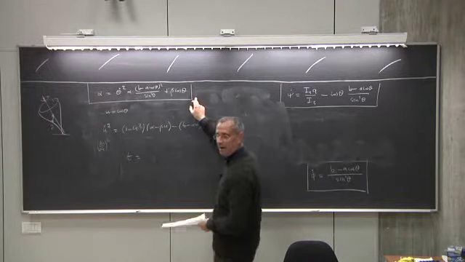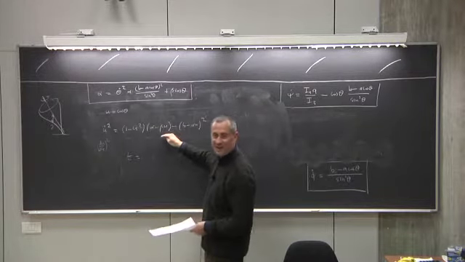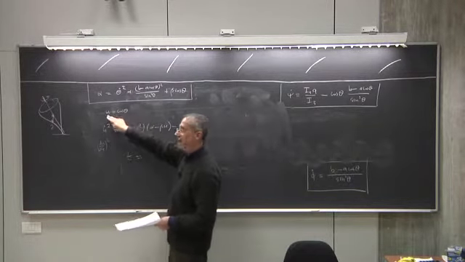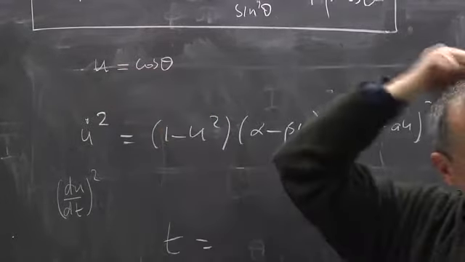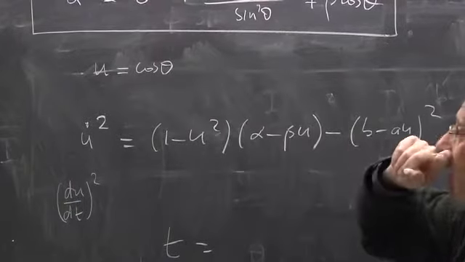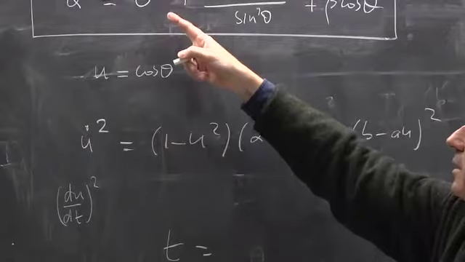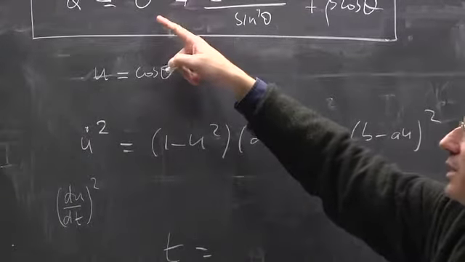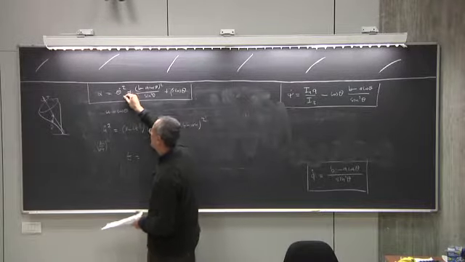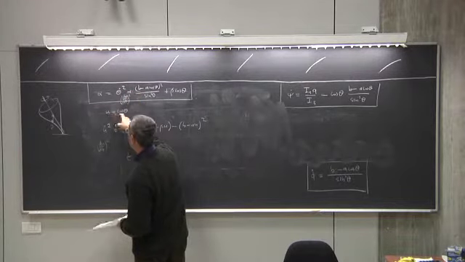Up to here is clear. Okay, that's very good. So just one line. I change variables from theta to u. Then if you change this, you have a derivative here, right? So instead of d theta dt square, you have to change to u.